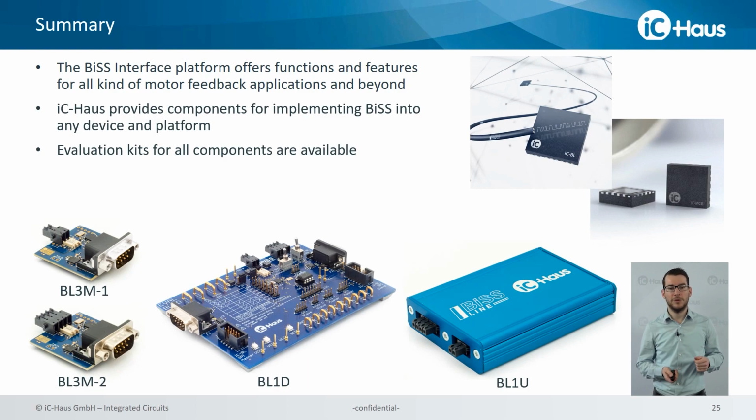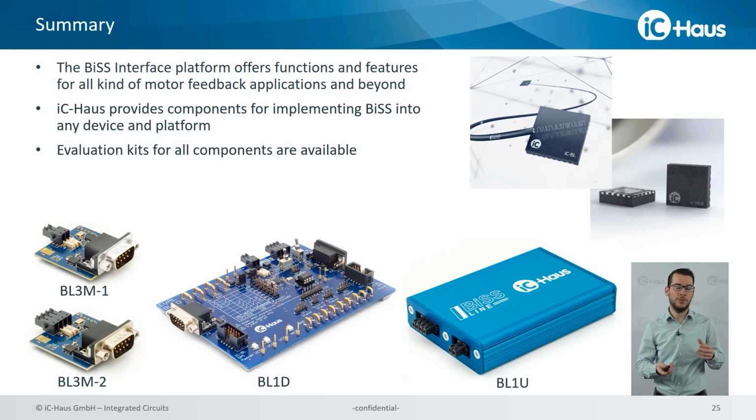So what you've seen before, the BL3M, is available in 2 options. One is with a 2-wire interface and one with a 4-wire interface. And these 2 boards are suitable to directly connect to one of our BiSS sensors. If you want to implement an SPI sensor, then I recommend you the BL1D. It is also suitable to evaluate our BiSS Line master ICBL.